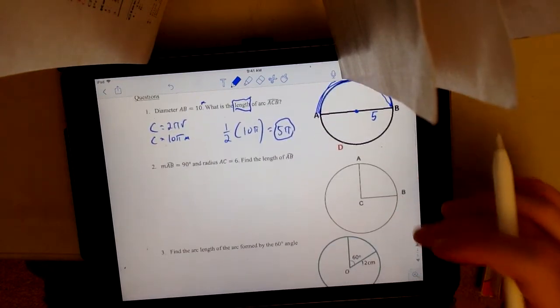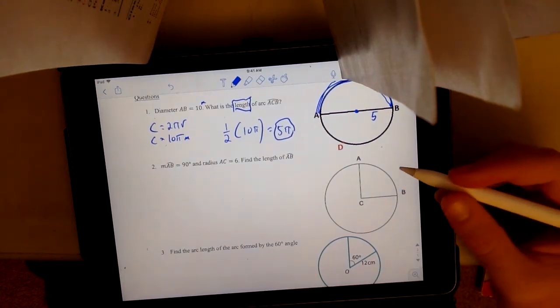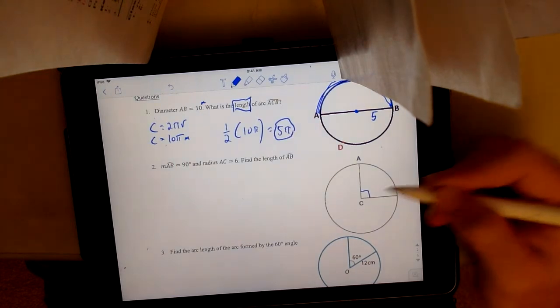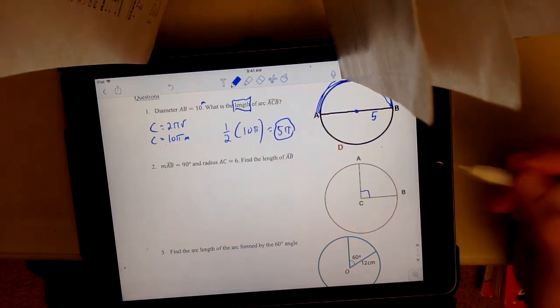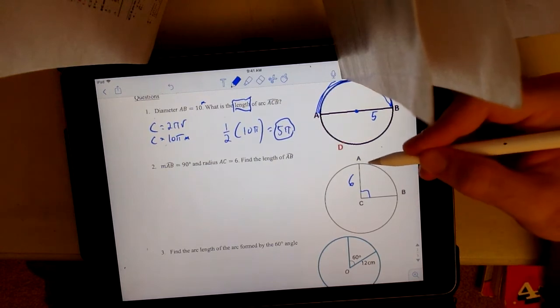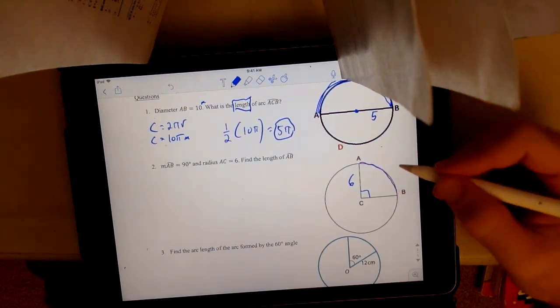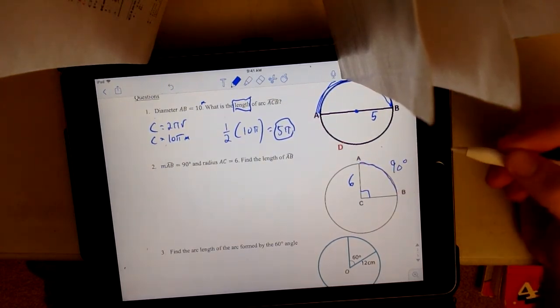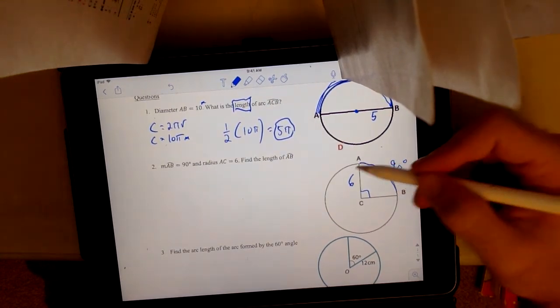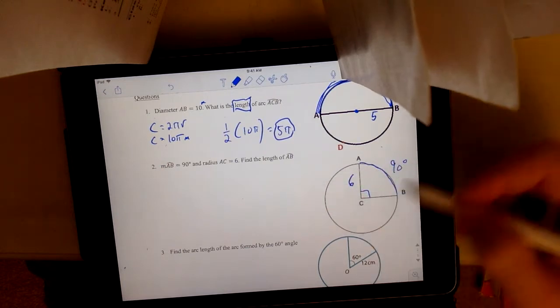Let's do another one with a nice angle where we can visualize it, and then we'll get to formulas. So this is a 90-degree angle, quarter of the circle, and the radius is 6. We want to know how long this is. Not just that it's 90 degrees, we know it's 90, but how long? Well, it's a quarter of the entire circumference, right?